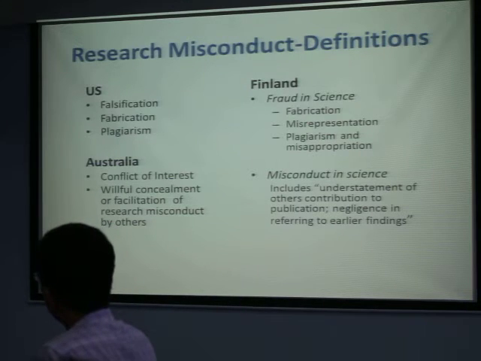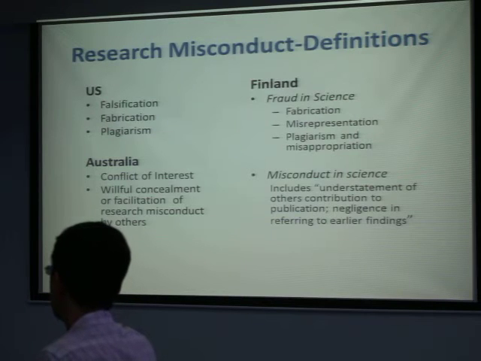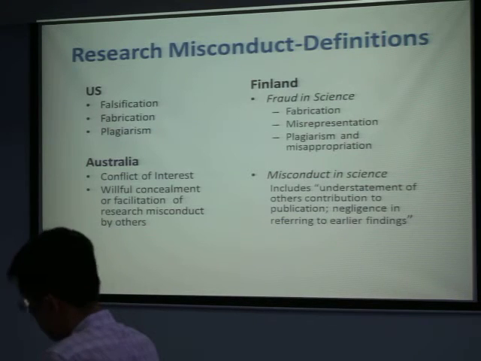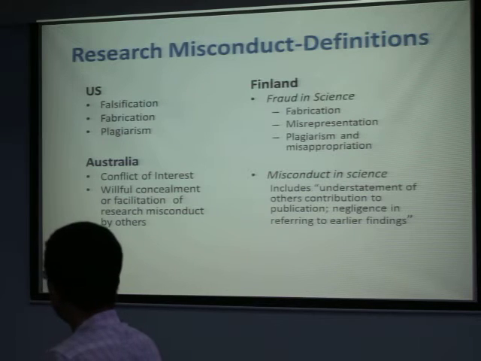And then they talk about misconduct in science, which includes the understatement of other people's contributions to a publication, or negligence in referring to earlier findings, making work that is old look new again. In the United States, the term fraud is typically associated with financial wrongdoing and questions of financial misuse of funds.